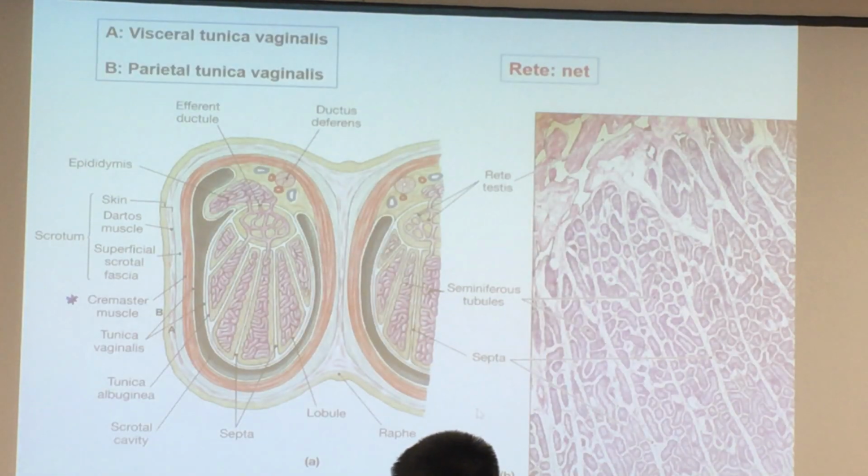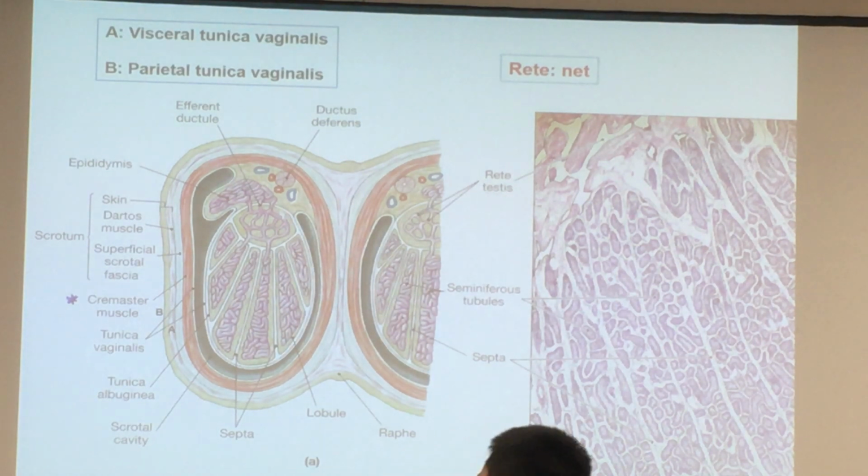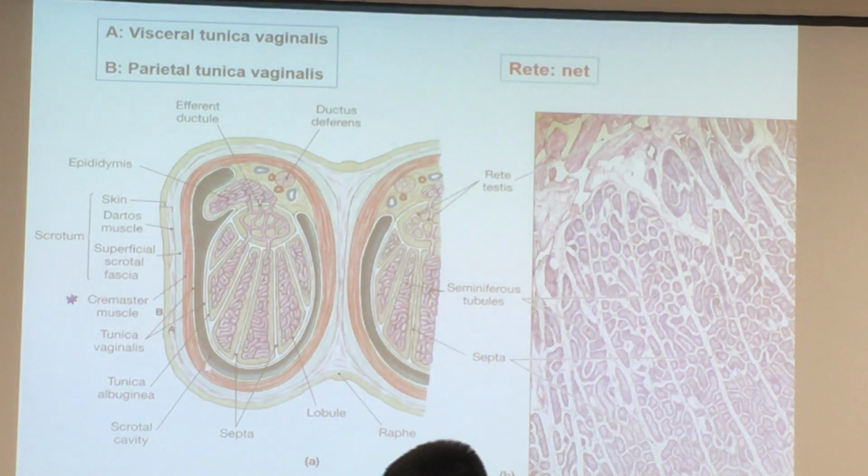Let me take a look at the detailed structure. If we cut through the testes, inside there is another lobule, and there is a cavity there. We always call it the scrotal cavity. It has two membranes. Our textbook didn't specify, so I put that they are all called tunica vaginalis.